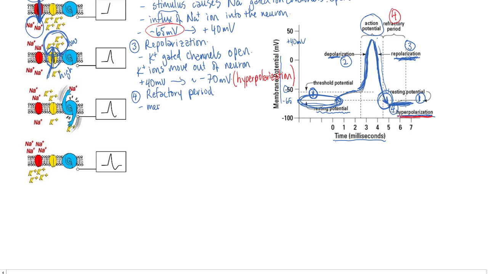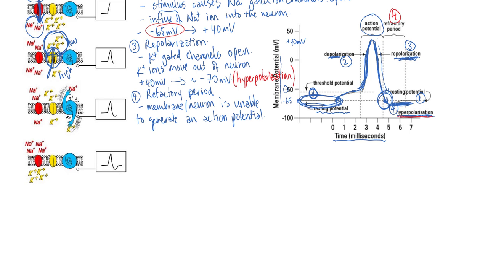So the membrane or neuron is unable to generate an action potential. Sodium and potassium ions are on the wrong side.